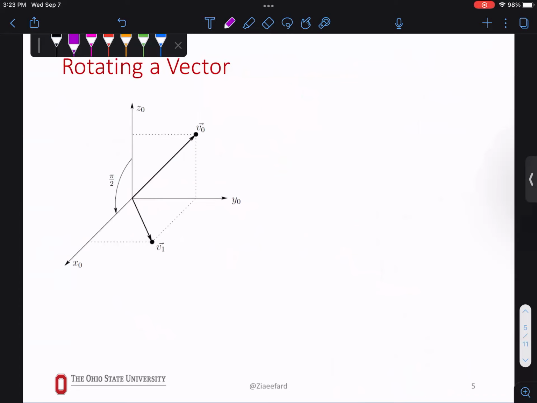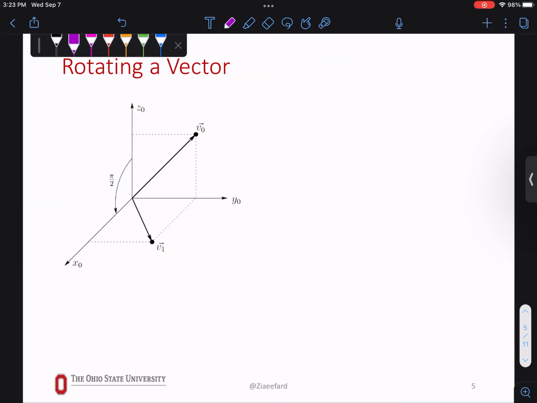The third way is rotating a vector. Why do we care about vectors? Let's say you're talking about speed, you have a direction, right? You're talking about force, you have a direction. So that's where vectors come in. So what if we wanted to rotate a vector and then see what it would be?